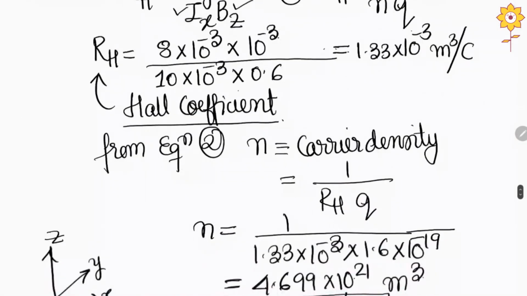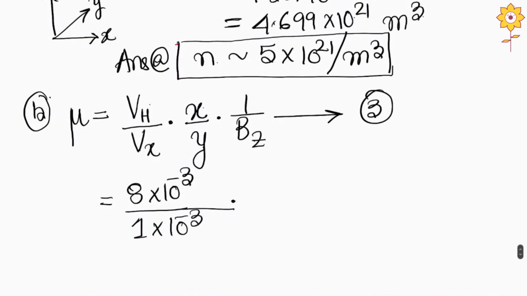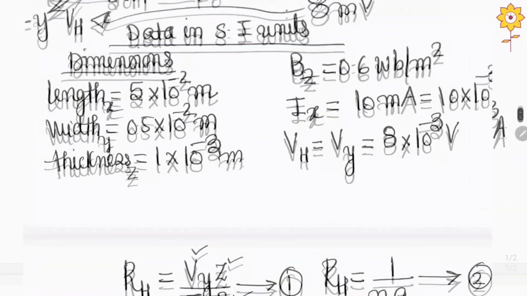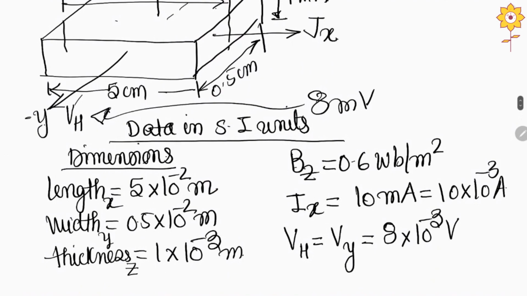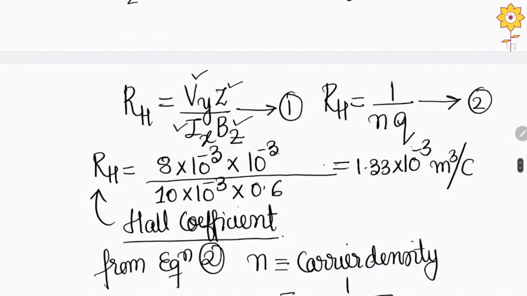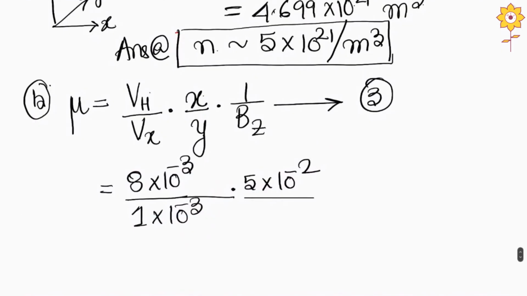That is going to be your X. We also have your Y, the width, which you already know, turning out to be 0.5 into 10 raised to minus 2. Let me put a multiplication sign over here: 0.5 into 10 raised to minus 2. And finally, what we have is 0.06 Tesla.